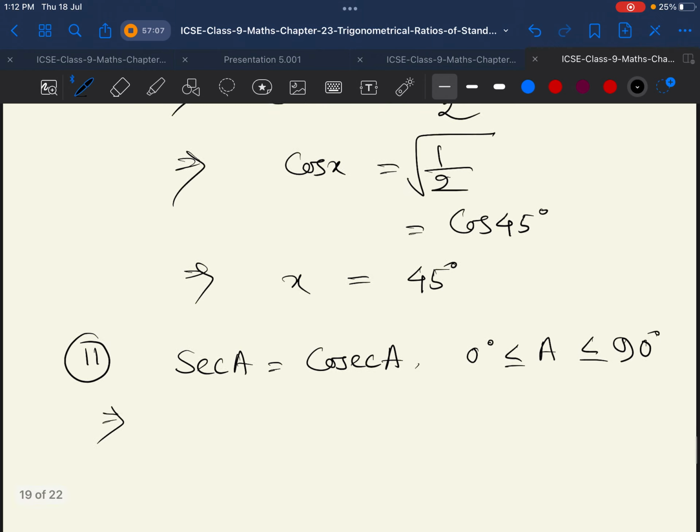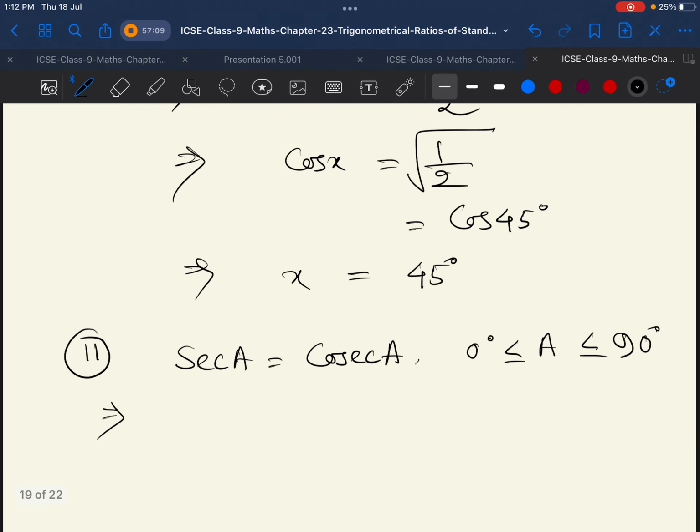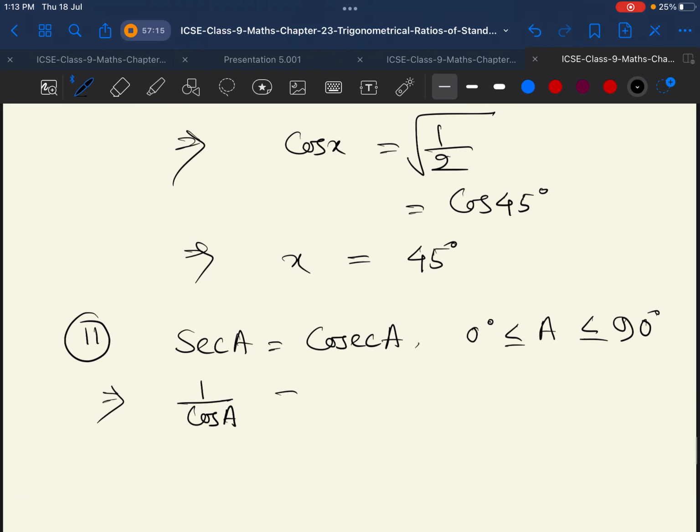so now we can write here sec A, we know, is 1 by cos A. Okay, and cosec A, we know, is 1 by sin A. Here the range of the angle A is from 0 to 90.